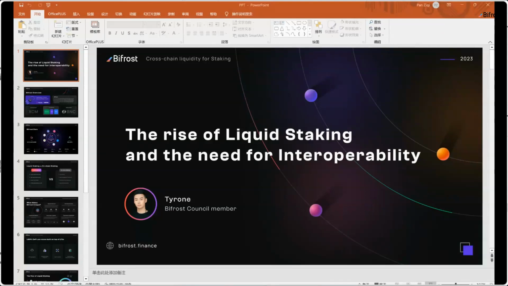And VKSM in 2022, vDOT in 2022, and these two, mostly VKSM, take most of the market share of LSD on Polkadot, and VMOVR and VGLMR at the end of 2022. So I think the most attractive aspects of liquid staking are, first, definitely the use cases in DeFi, and the second is some small functions on the product side.